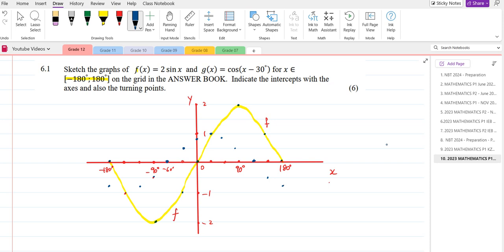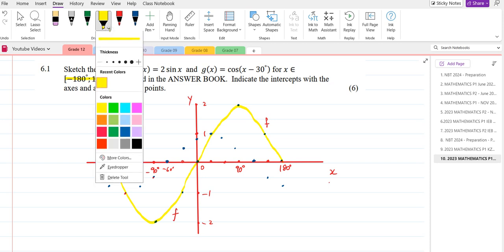Right, so I'm going to draw this graph. Let's draw it in a different shade, in a green color.